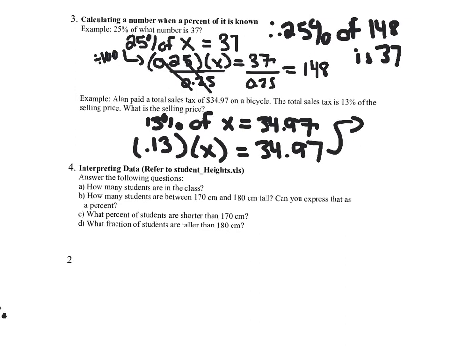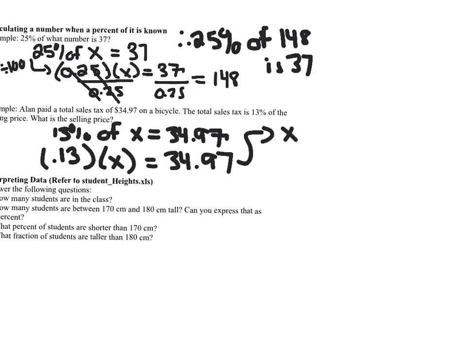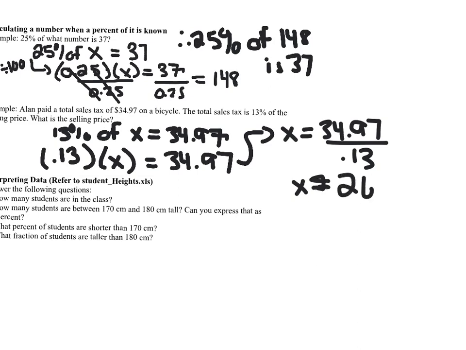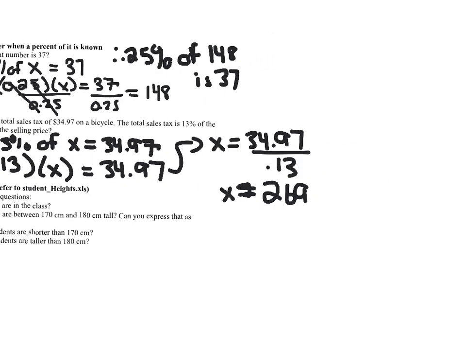We rearrange to solve for x. So x equals 34.97 divided by 0.13, and we find out that x equals 269. And don't forget your units, so therefore the bike cost $269.